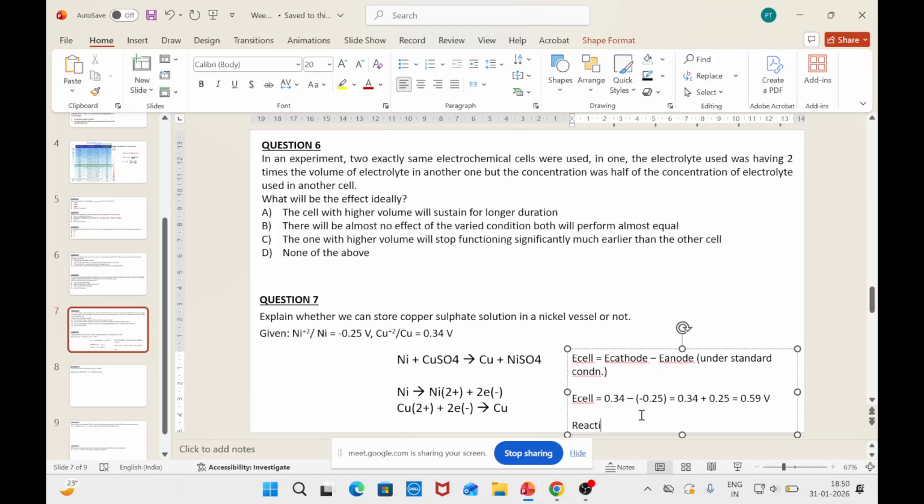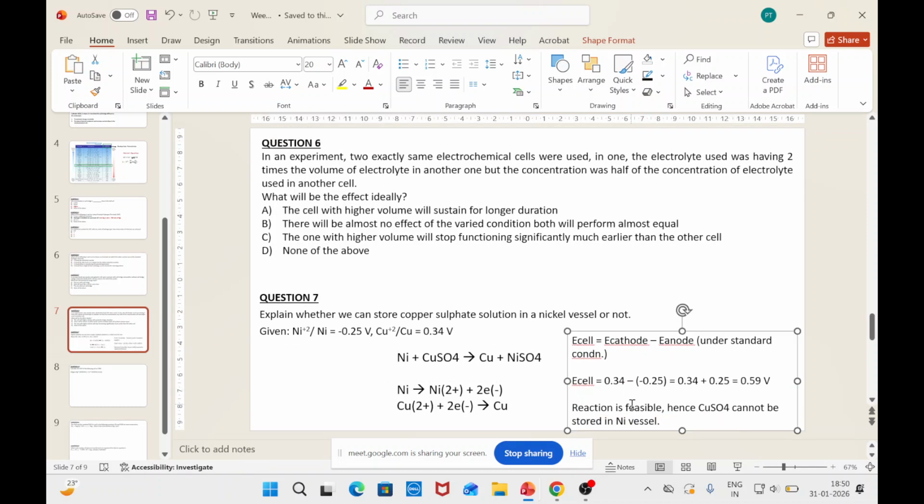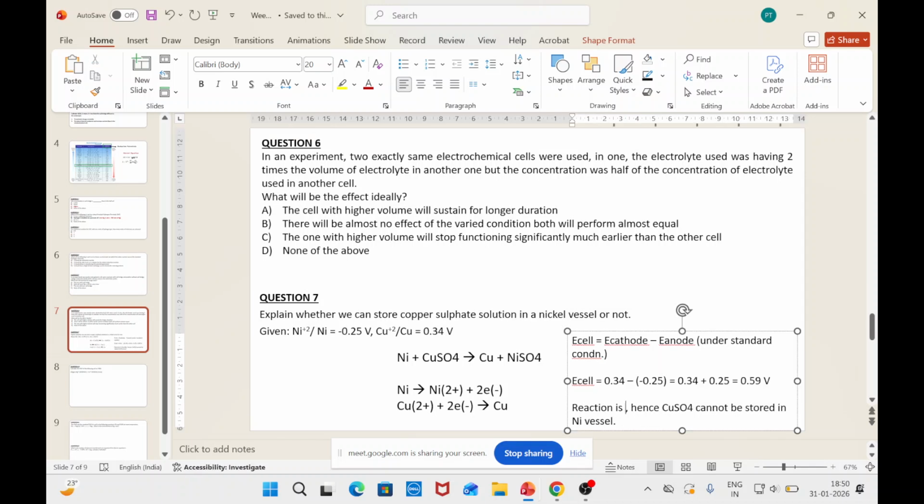The reaction is feasible, hence copper sulfate cannot be stored in a nickel vessel. Instead of saying the reaction is feasible, I am going to write the reaction is spontaneous. Hence, copper sulfate solution cannot be stored in a nickel vessel.